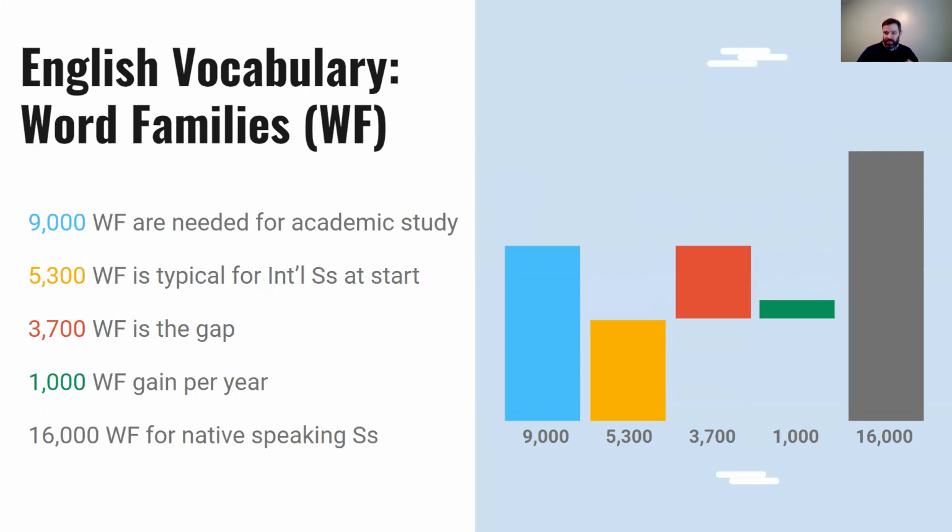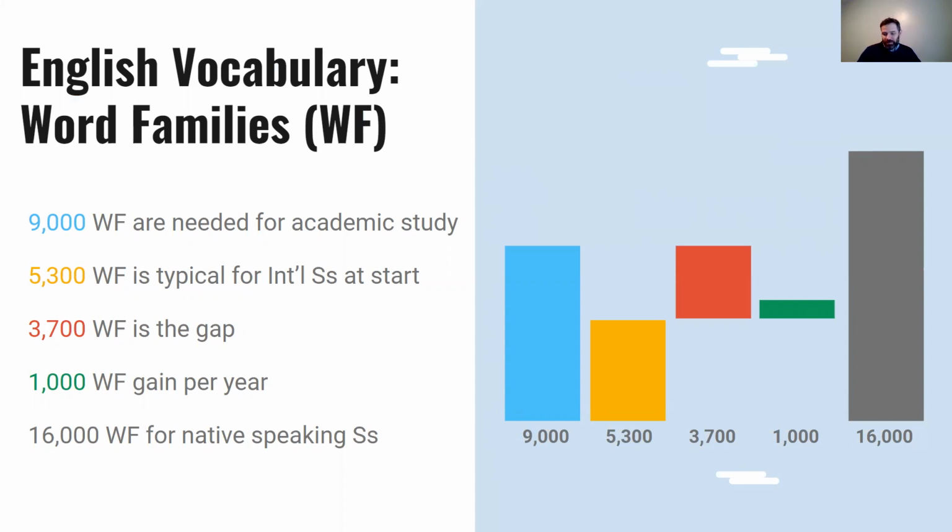So that leaves a deficit of almost 4,000 word families that they need to acquire in order to be successful. The average person learns about 1,000 new word families a year. So that means that by the time an international student has graduated, they now have the level of academic vocabulary that is necessary to start their study.